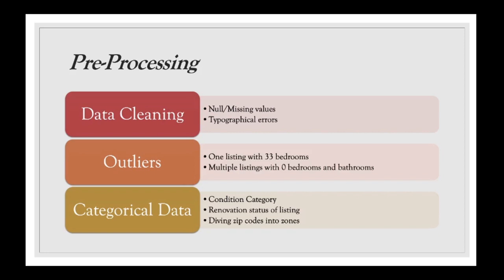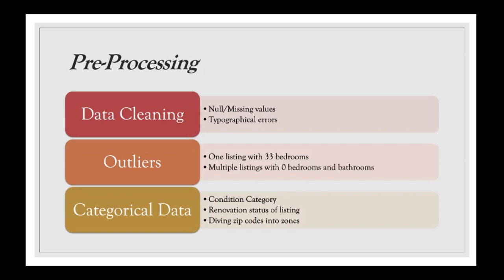Although we did not have much categorical data where we could have typographical errors, there was certainly one listing with 33 bedrooms which we ruled out as a typographical error, and we then proceeded to change the number of bedrooms from 33 to 3 based on similar listings with similar characteristics.